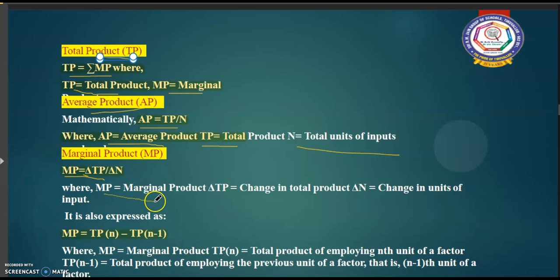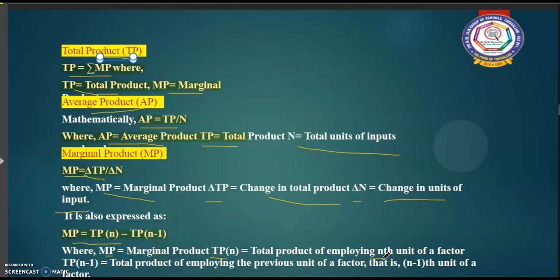So where MP is the marginal product, change in TP, that is change in total product, change in N is change in units of input, and it is also expressed as MP equal to TP N minus TP N minus 1. So in this equation where MP is the marginal product, TPN is the total product of employing nth unit.